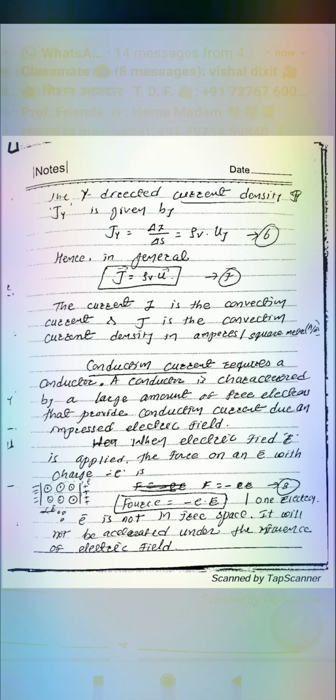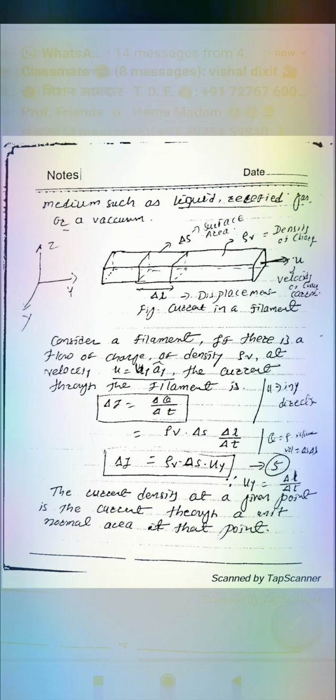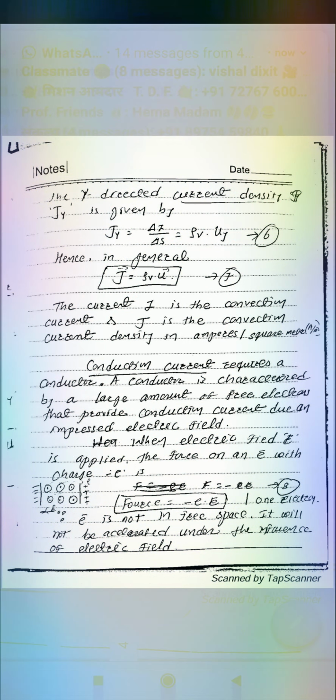Put the value of delta I from equation 5, delta I equals rho v delta S u y. Therefore delta S is cancelled, and J y becomes rho v into u y.